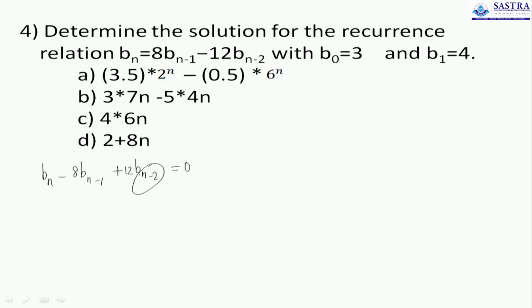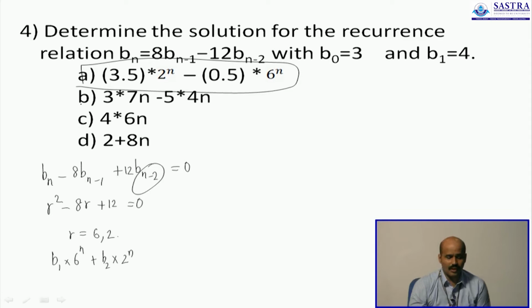And how do you solve such problems? You find the characteristic equation. The equation is r square minus 8r plus 12. You can solve this and get r is 6 or 2. So you will have the general solution of the form b1 times 6 power n plus b2 times 2 power n. Clearly that is obtained only in the first step.